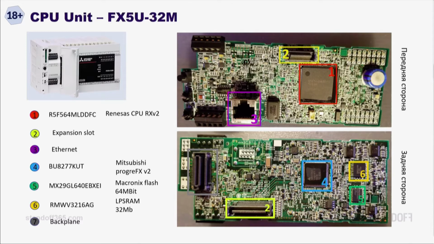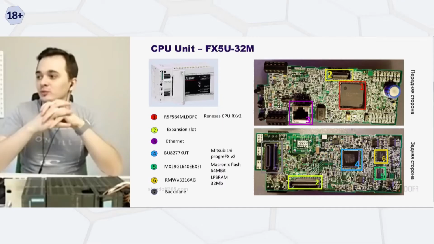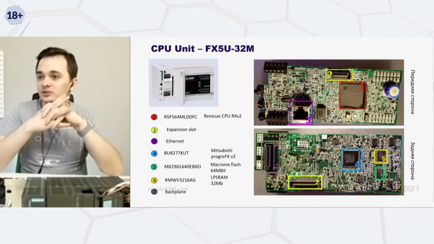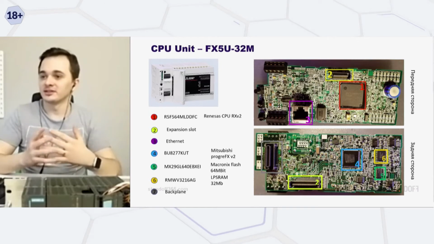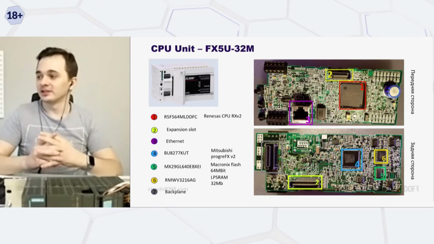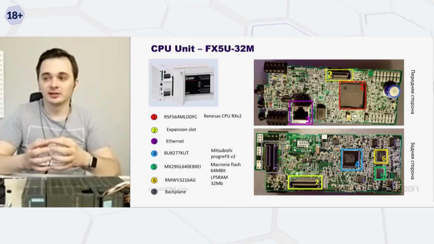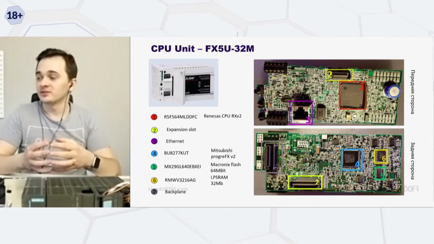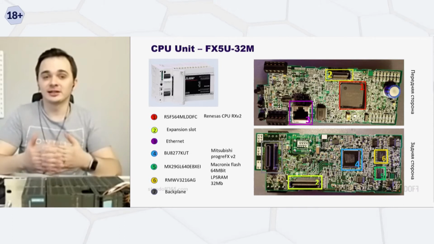What are the internals? There are several chips. Our processor is marked here as 1. That's the system chip, the SSC module. We also have here the expansion slot. Number 4 labels a separate processor.